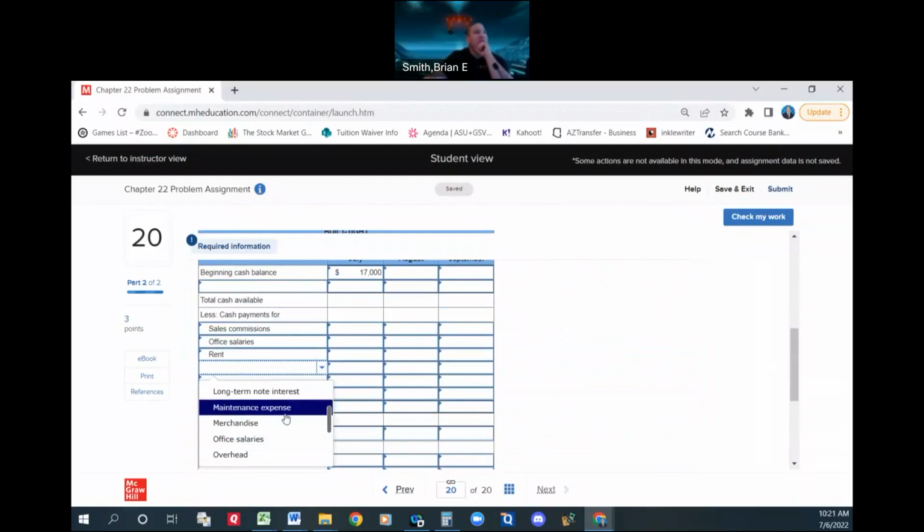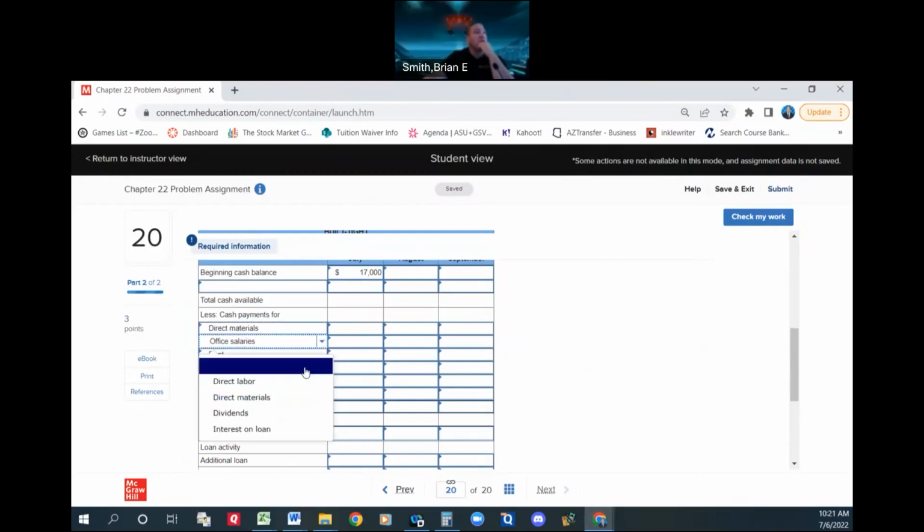Sales, commissions, office, salaries, and rent. Here will be interest on loan. And then we'll select direct materials, direct labor, and this will be overhead, whatever it's called. Okay, there we go. That's better.